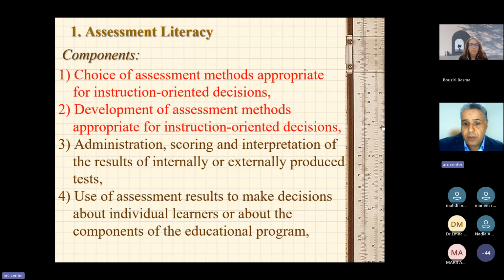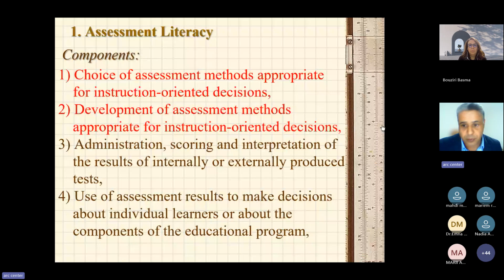So basically, if you are dealing with externally produced tests like the baccalaureate, for example, you should understand the whole process, because you are just one part of a very complex process. You should understand that. If you are talking about your students in your class, you should know how to administer the test and how to score the test and how to interpret.